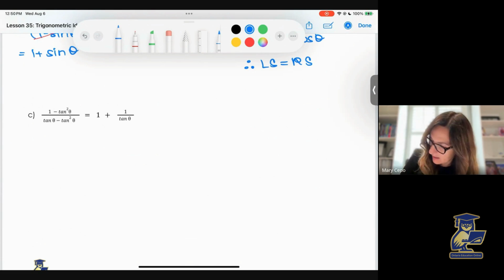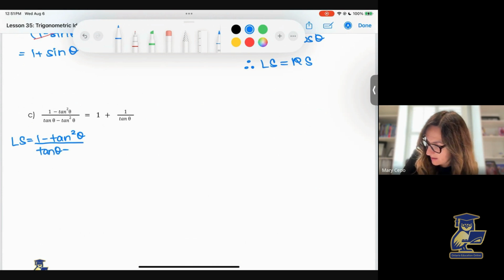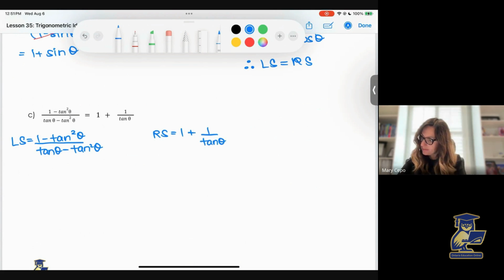So let's take the left side is equal to 1 minus tan squared theta all over tan theta minus tan squared theta. The right side is equal to 1 plus 1 over tan theta.